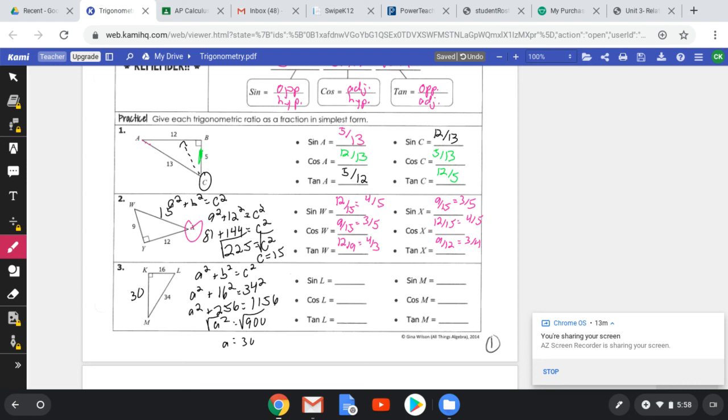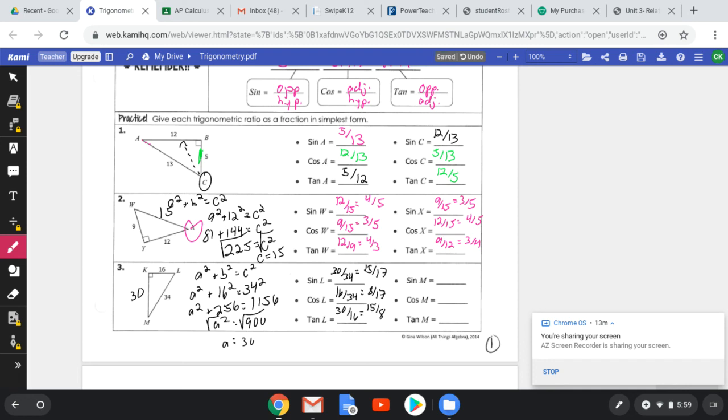So sine of L is opposite over hypotenuse, so 30 over 34, which, make sure you do reduce, is 15 over 17. Cosine of L would be adjacent over hypotenuse, and again, make sure you reduce. Tangent would be opposite over adjacent, so 30 over 16, which again can be reduced.